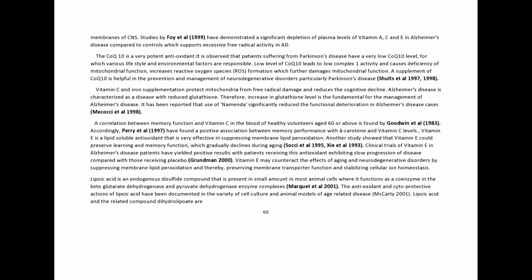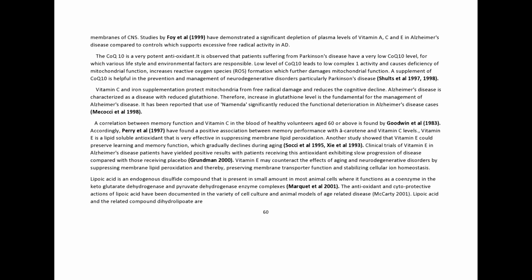A correlation between memory function and vitamin C in the blood of healthy volunteers aged 60 or above is found by Goodwin et al. 1983. Accordingly, Perry et al. 1997, have found a positive association between memory performance with beta-carotene and vitamin C levels. Vitamin E is a lipid-soluble antioxidant that is very effective in suppressing membrane lipid peroxidation.